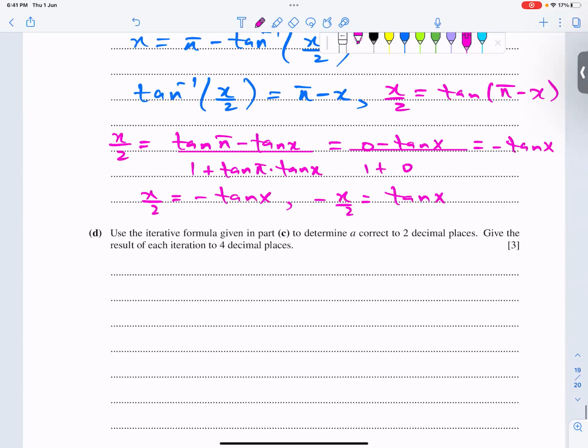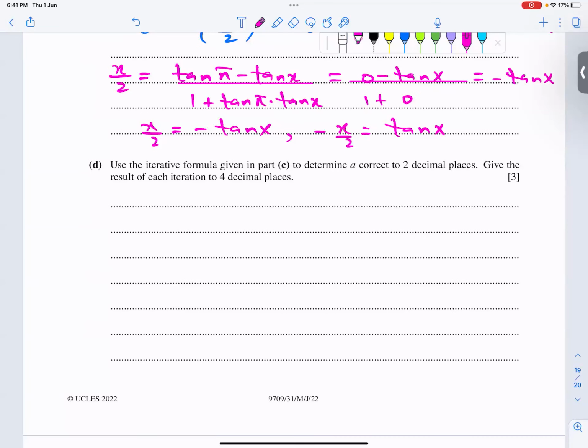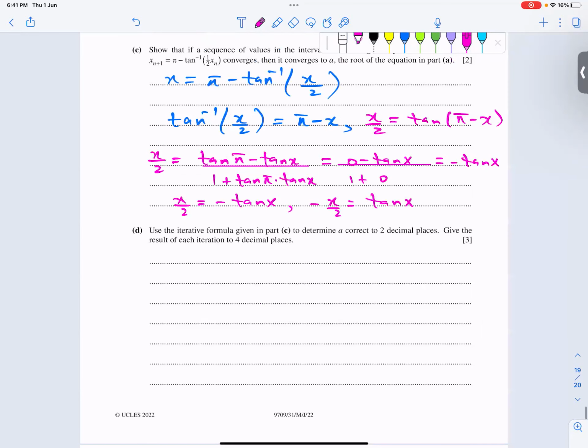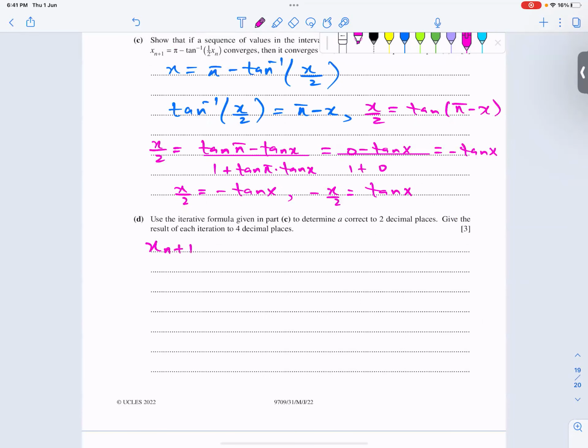Now in the D part: use the iterative formula given in part C to determine a correct to 2 decimal places, given the result of each iteration to 4 decimal places. So we have the iteration x n plus 1 is equal to pi minus tan inverse of x n divided by 2. Just put n equal to 0 in this iteration.